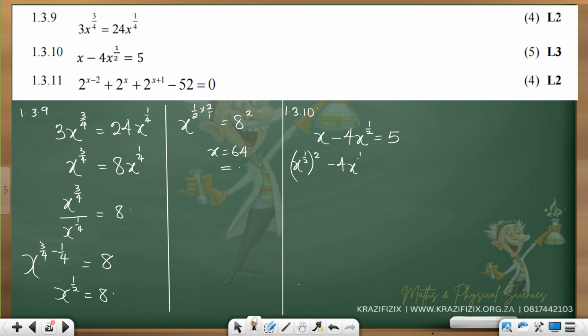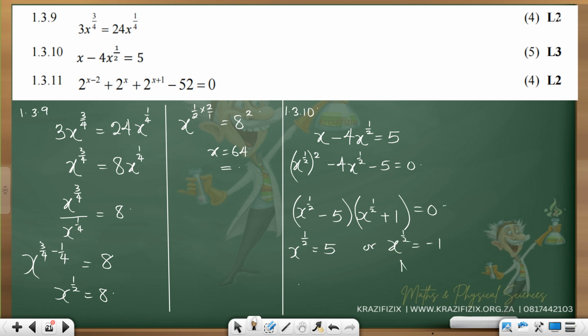So do you see again, it's another trinomial. Now I know it's a trinomial. I can quickly open my bracket, I drop the small exponent. Lovely. Now what do I have? 5 and 1, minus and plus. Beautiful. So x to the power 1 over 2 equals 5, or x to the power 1 over 2 equals negative 1.